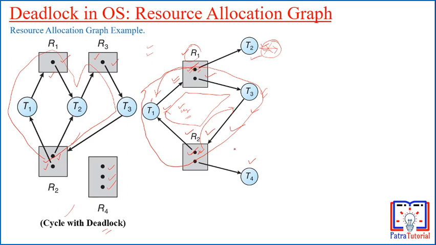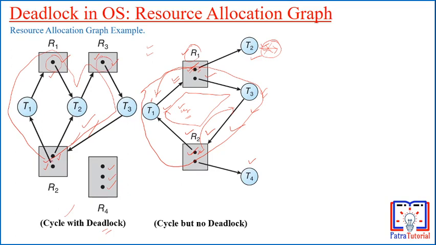So these are two different resource allocation graphs. Here if there is a cycle, then we are saying deadlock is there. And in this graph there is a cycle but there is no deadlock, right? In the first graph only single instances are there for each resource type.